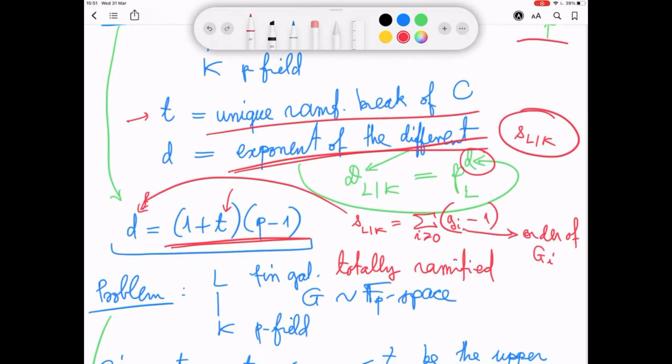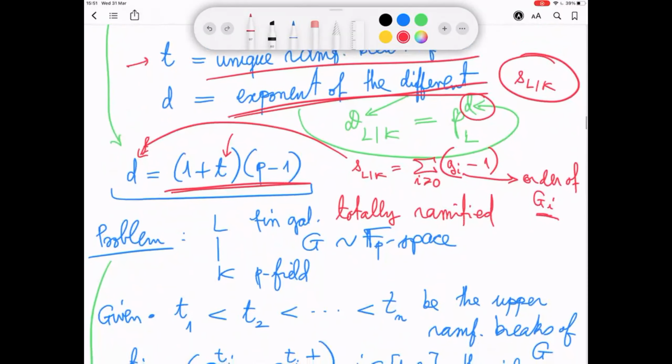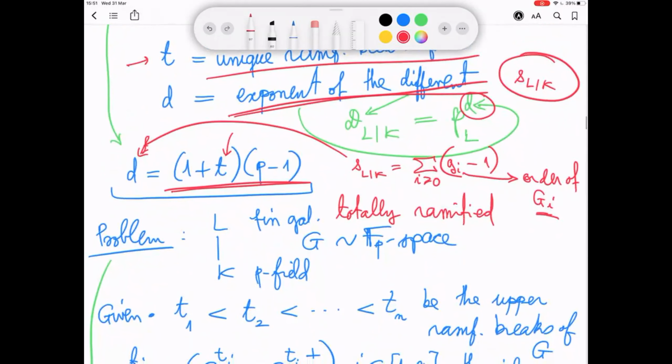Here the group G is called C. The order of G_i is either p or 1.